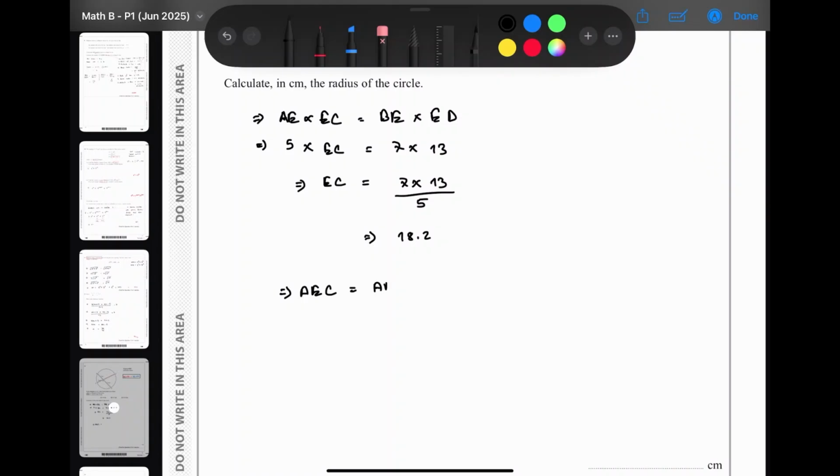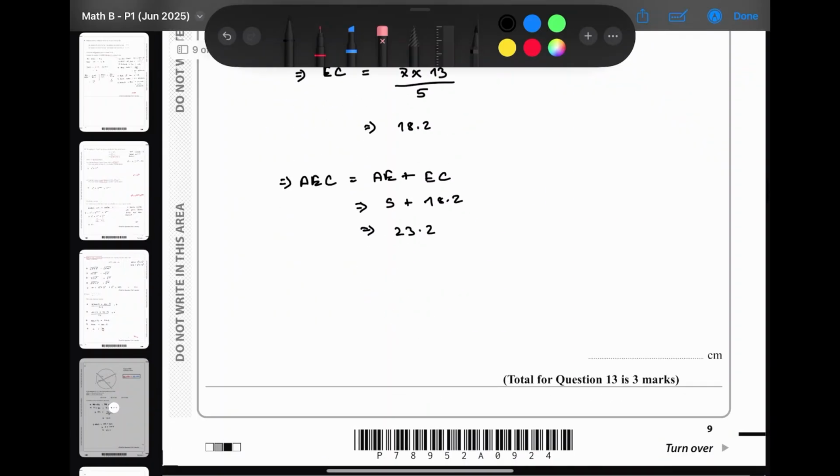Since we need to find the radius, we will need to get the diameter AEC by adding AE to EC. Their values add up to 23.2. Radius is half of the diameter. Our diameter is 23.2. So we will divide AEC by 2 and get our final answer.